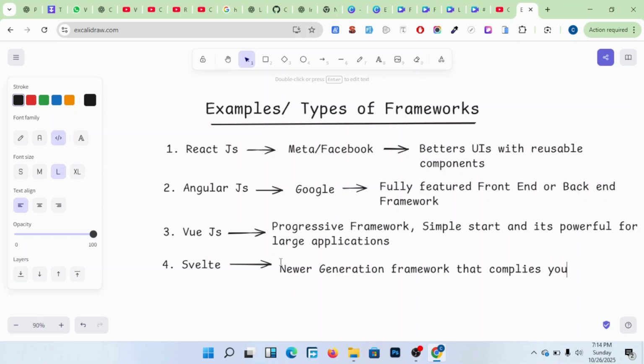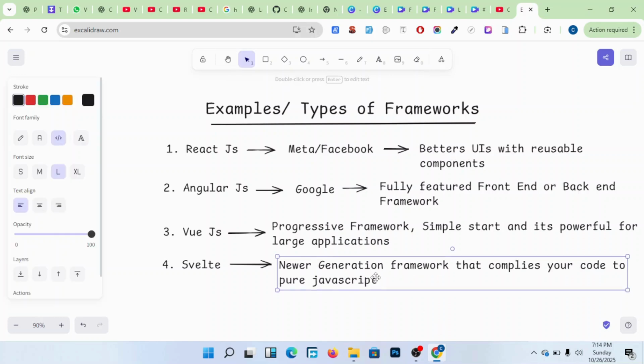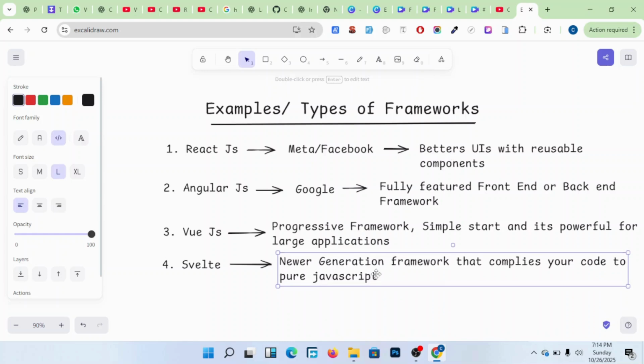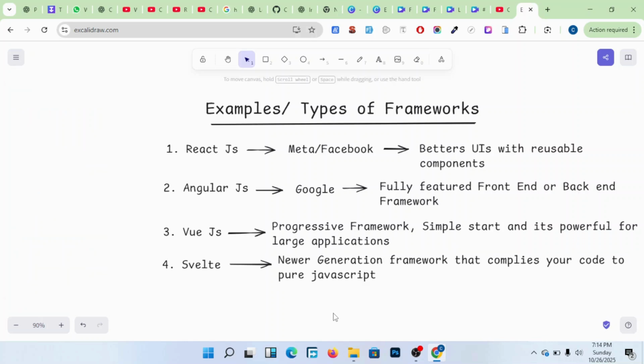The pure JavaScript is not what you have been working on always and always. That's what they call pure JavaScript. Sometimes people call it plain JavaScript. It's the same. So this is Svelte. Then you have another one.